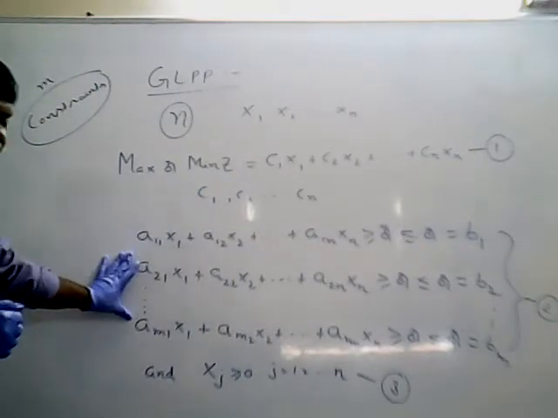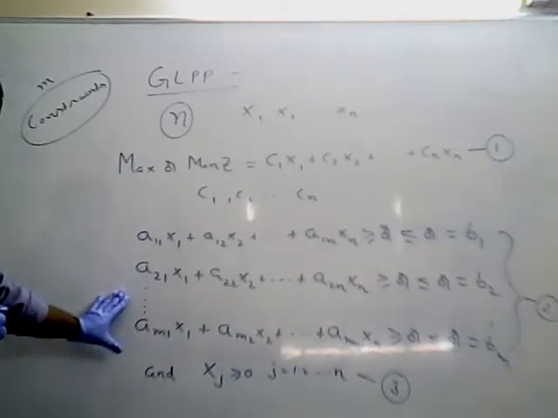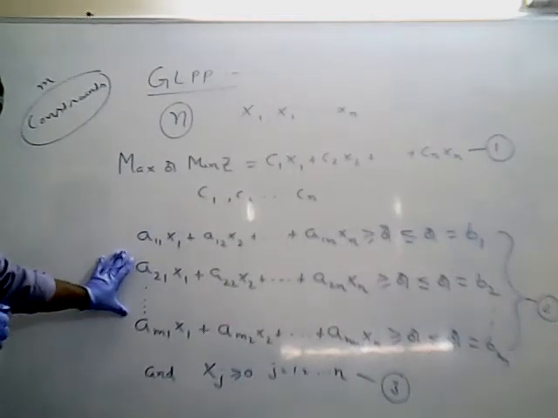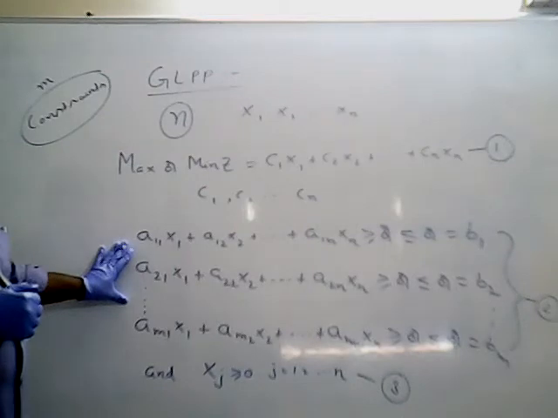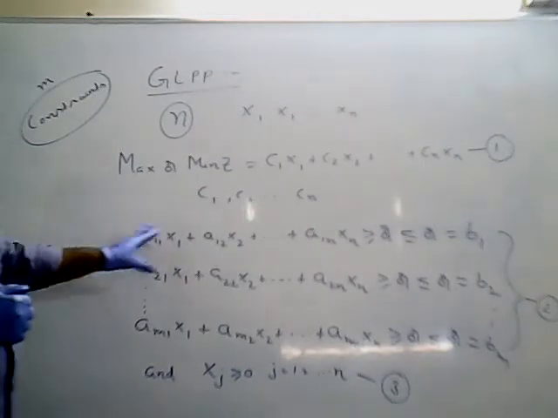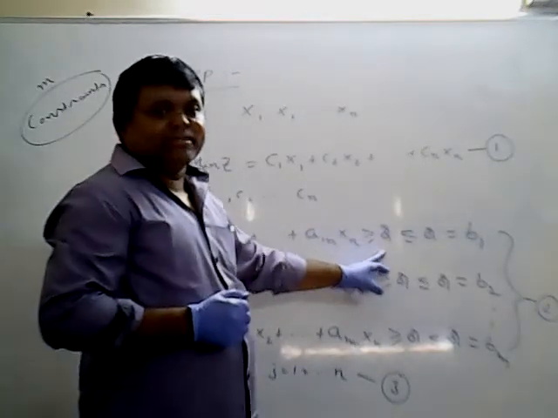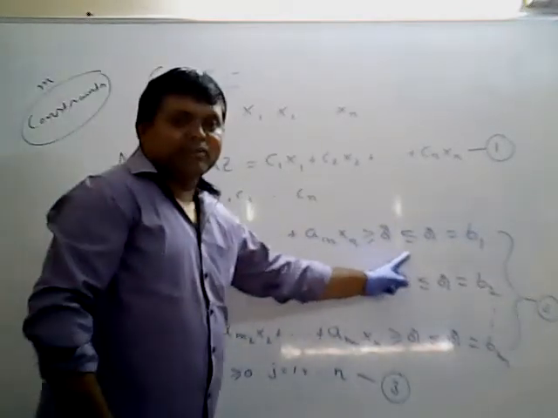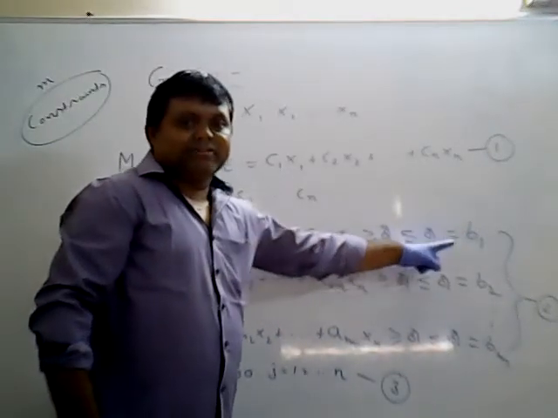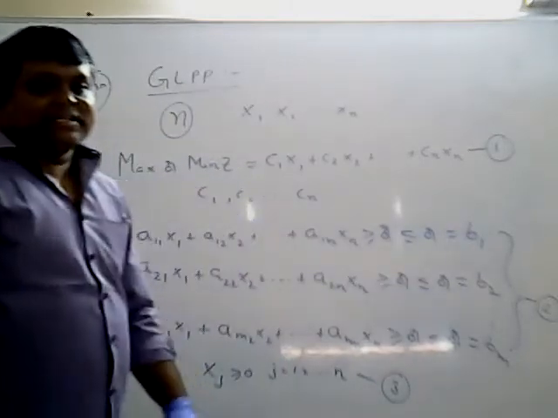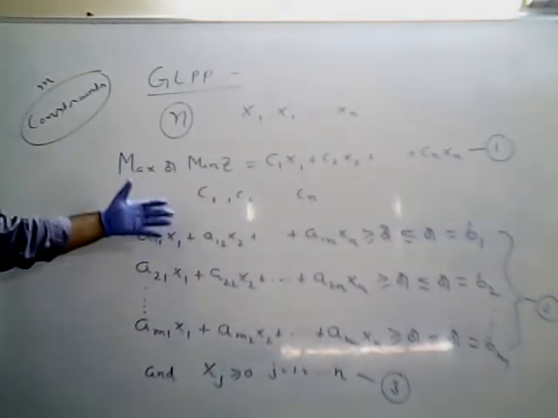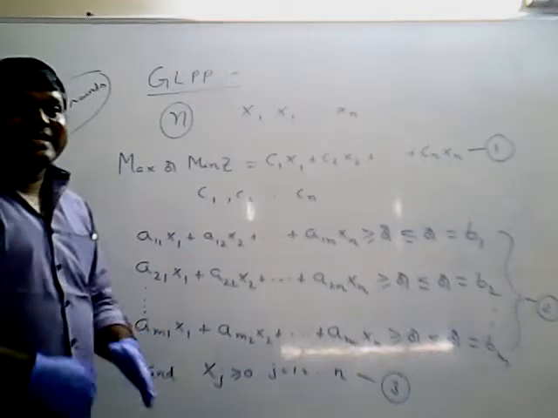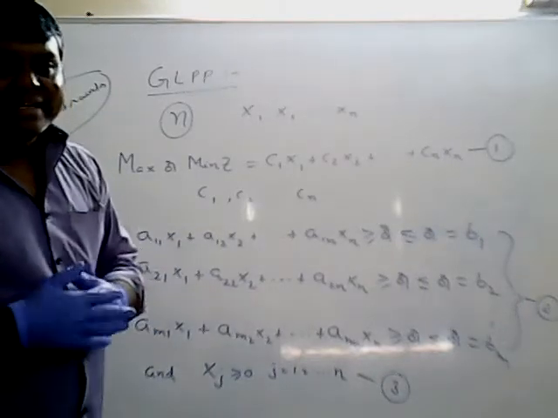Now if you observe the second equation, these are called constraints. What do we mean by constraints? A constraint is an inequality type or equality type. Inequality type means greater than or equal to, or less than or equal to. Equality means equal type. So a constraint is nothing but an equation consisting of inequalities or equalities.